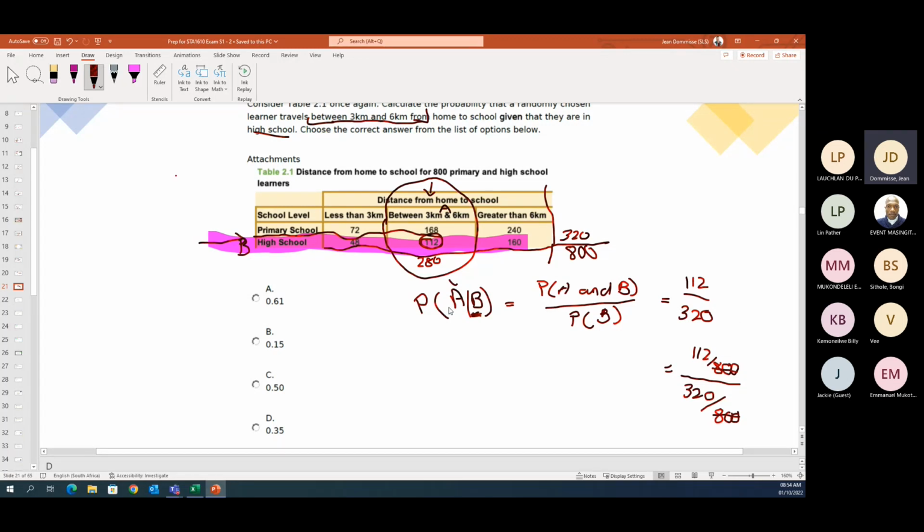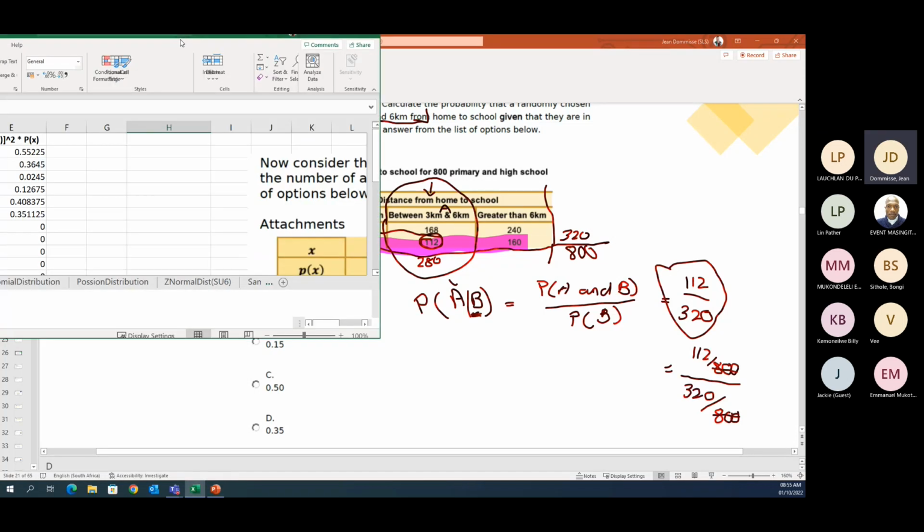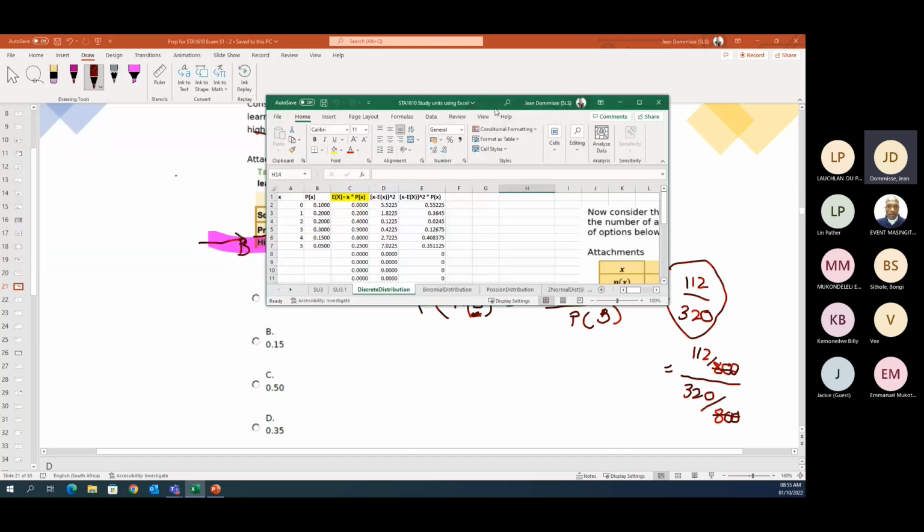So the probability that the person is between 3 and 6 kilometers, given that he's in high school, is 112 divided by 320.